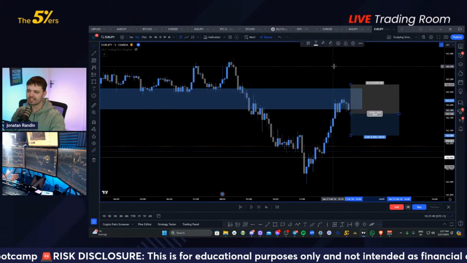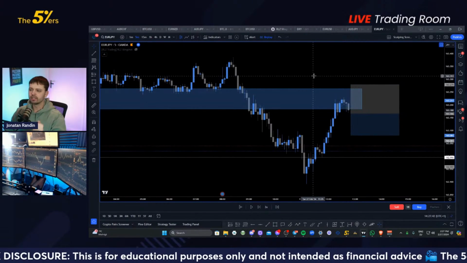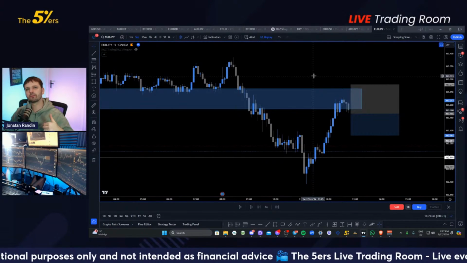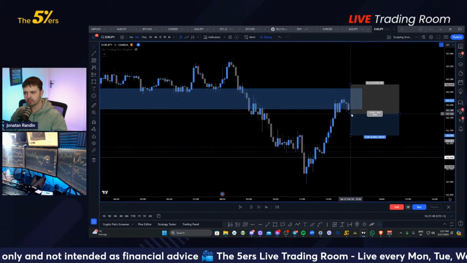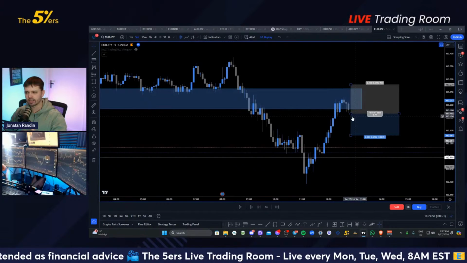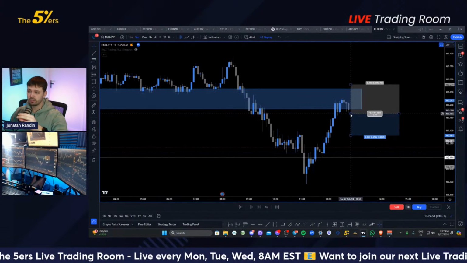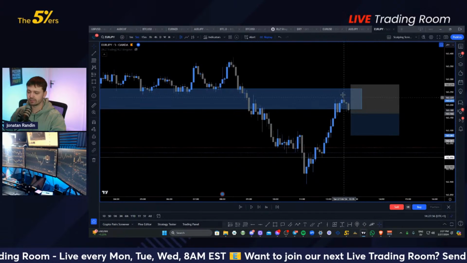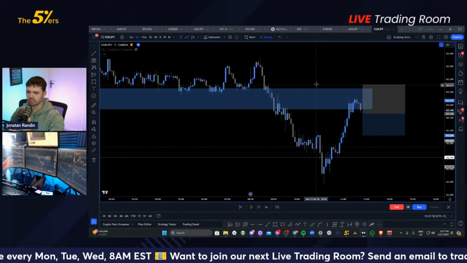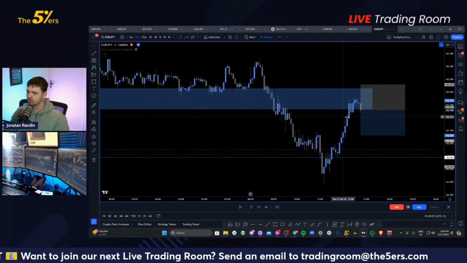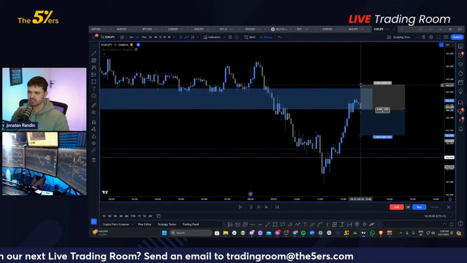Basically you put in an order in the market, and a stop limit order will turn into a limit order once price hits the level. You can also have, I believe, an order where you hit the level and it turns into a market order. I'm not sure exactly how that works. I gotta look that up. But you could also use market enter on that close because it's a solid reaction here.